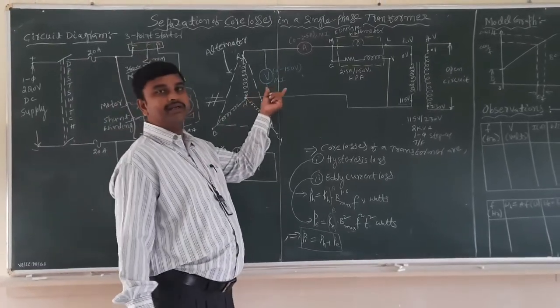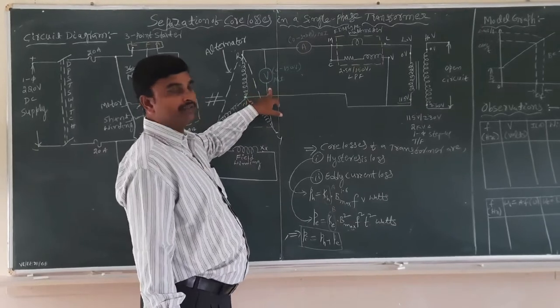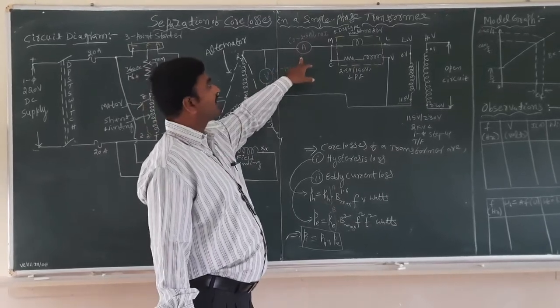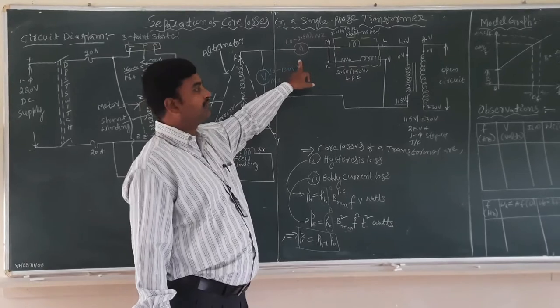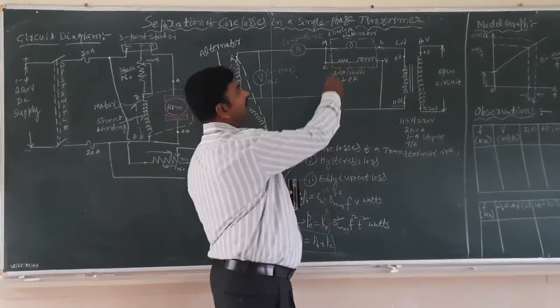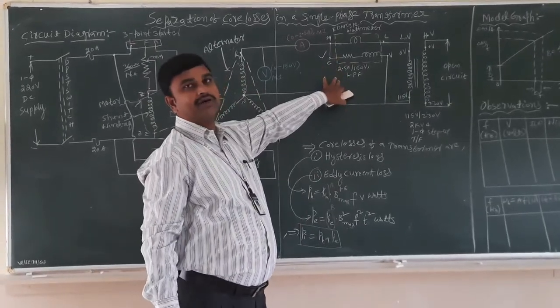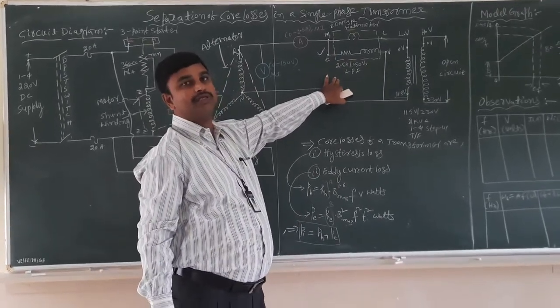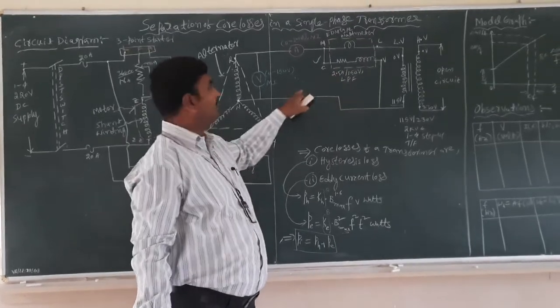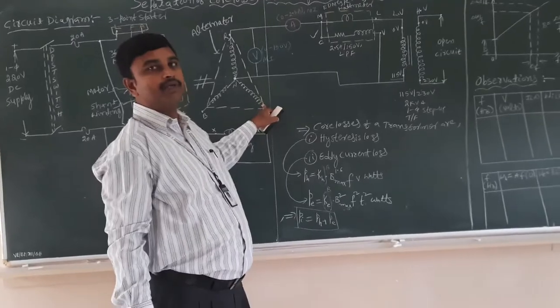Once we attain the rated voltage in the voltmeter, we note down the corresponding current drawn by the transformer. The role of the wattmeter is to record the amount of core losses for the rated voltage and rated speed.